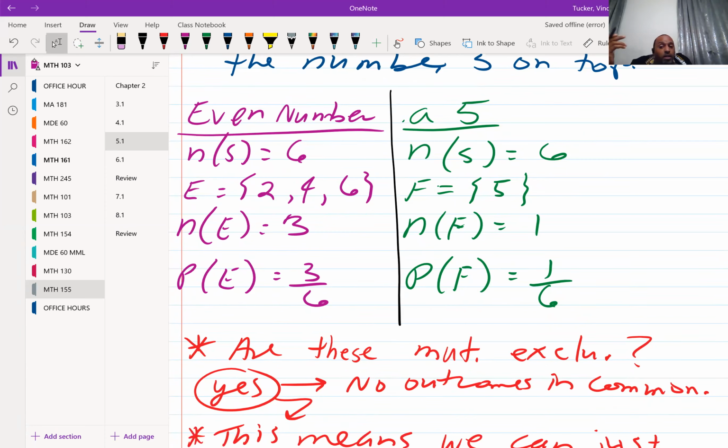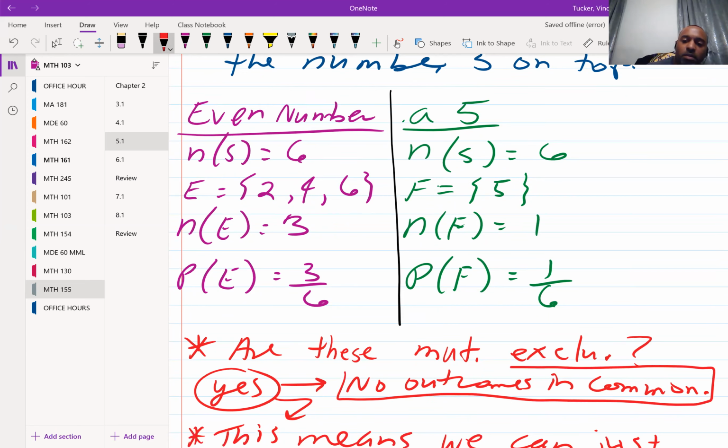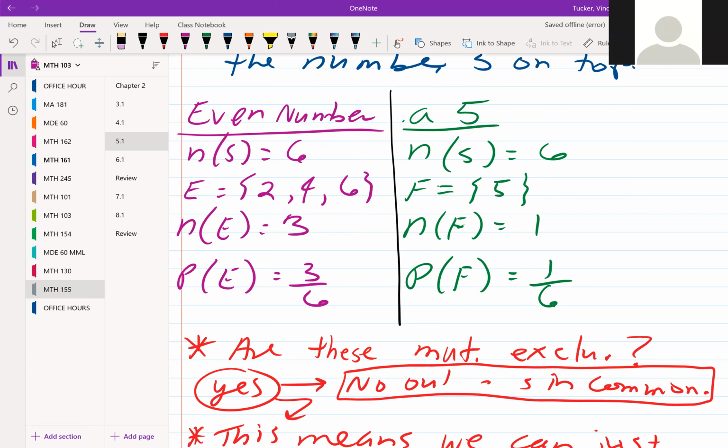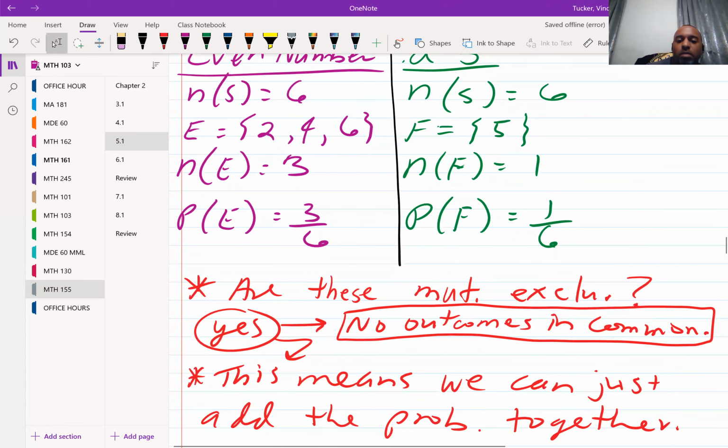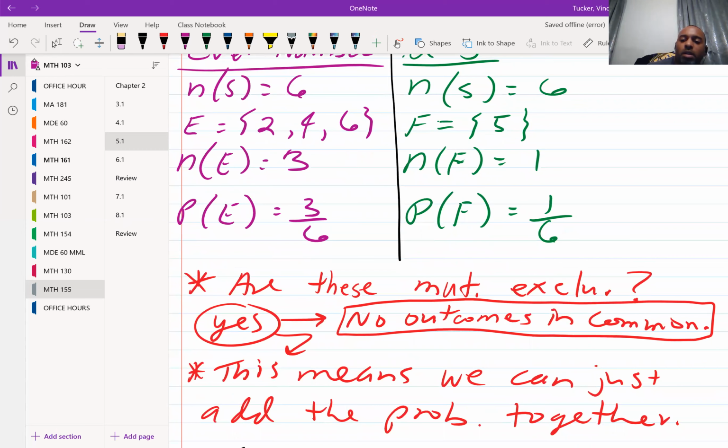The answer is yes in this case, and that means they have no outcomes in common. And if they are mutually exclusive, this means we can just add the probabilities together. Don't have to worry about subtracting anything.